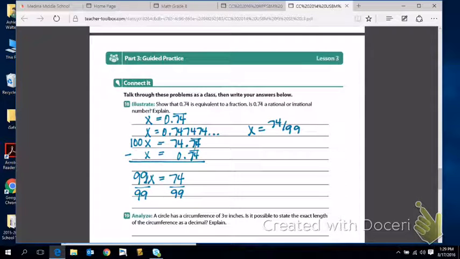We would reduce this if it was necessary. Because 0.74 repeating can be turned into a fraction, it is a rational number.